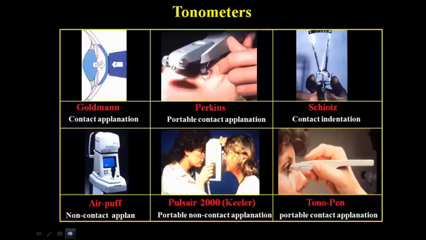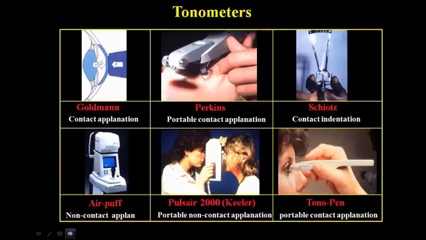Especially it is used in OT settings. Then we have the Schiotz contact tonometer, which is an indentation type of tonometer. And then we have the Tono-Pen. This Tono-Pen is also a contact applanation tonometer, and it is a portable type of tonometer. Then when we talk about the non-contact tonometers, we have the air puff applanation tonometer and the Pulsair, which is a portable non-contact applanation tonometer.